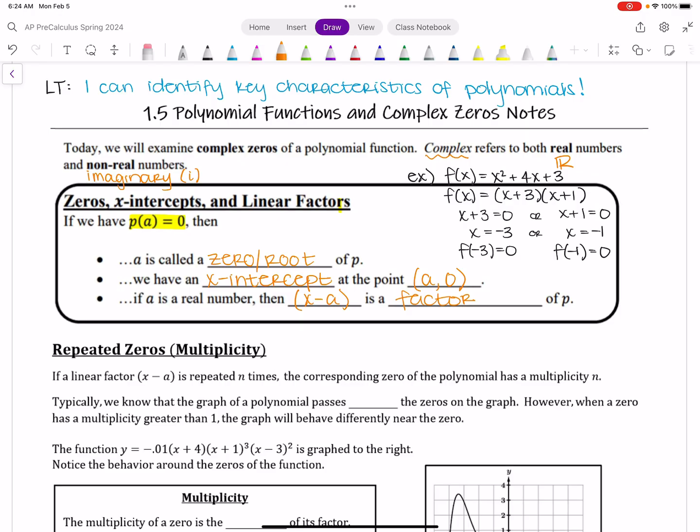And that means we would have a zero at negative 3, if we just use that one as an example. And we would have an x-intercept at (-3, 0). And then we would use our factor x plus 3.